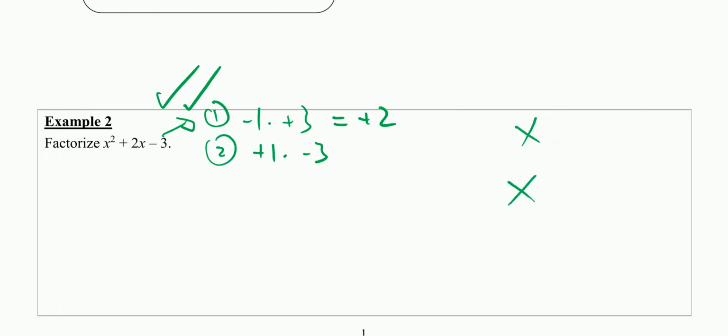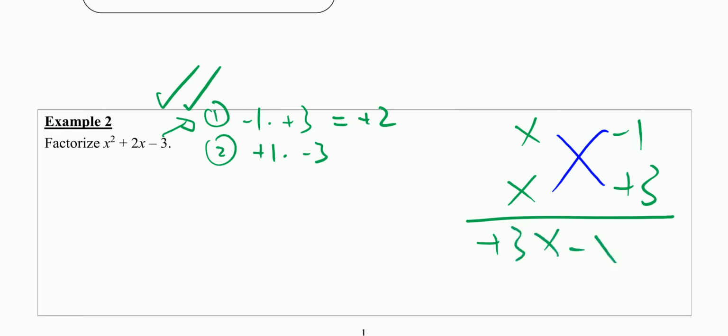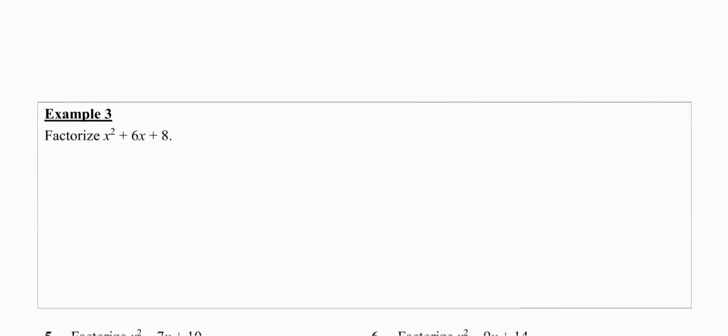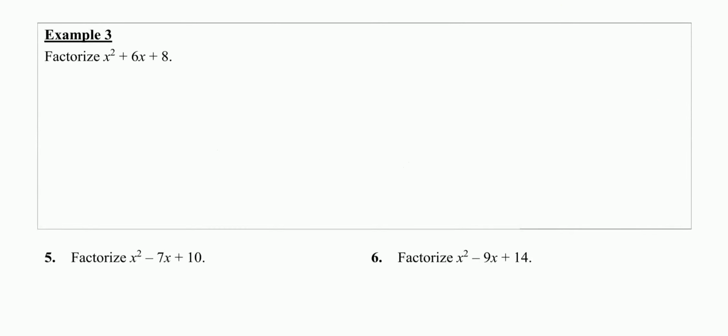And just simply do the same thing, put 2x and put a cross in the middle, and just calculate it, and it should be positive 2x. And we can move on to here and try to calculate the answer. The answer should be x minus 1 multiplied by x plus 3. And okay, one more example.